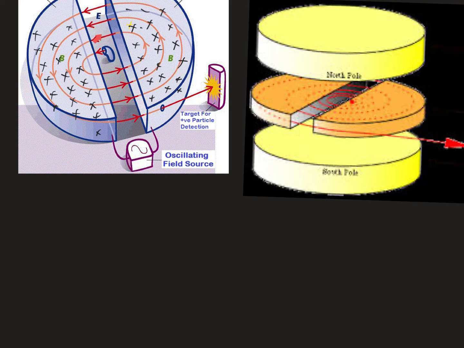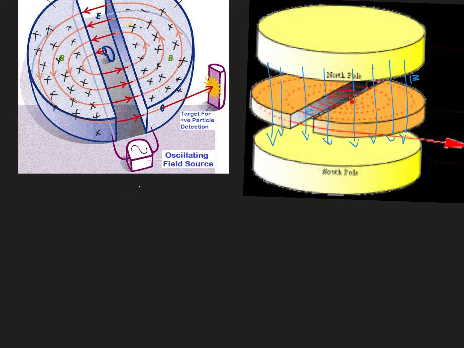So the velocity keeps on increasing when it goes through the electric field, but the magnitude of the velocity remains constant in the circular motion in the magnetic field. So it will continue to accelerate, and when it comes out, that particular charge will have lots of energy, and that energy can be used on whatever target we have. It could be a cancer tumor, or it could be an isotope.